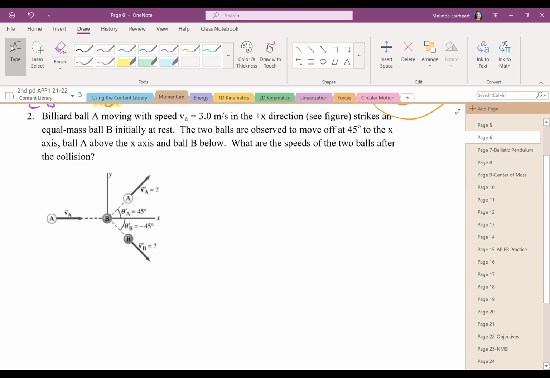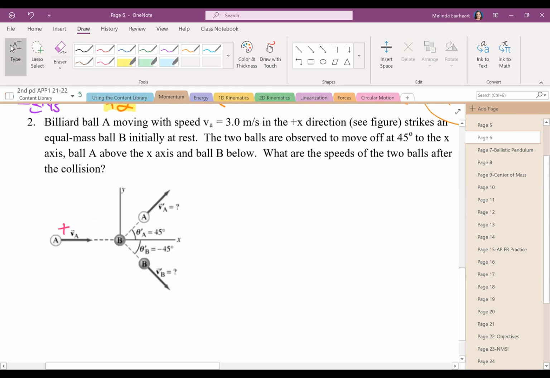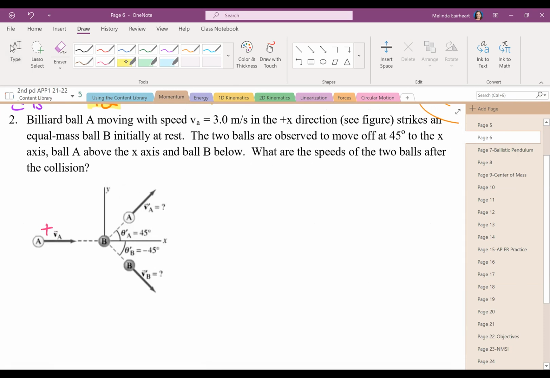Okay. It says billiard ball A is moving with a speed of 3 meters per second in the positive x direction. And so we see that. I'm going to go on and label that a positive velocity. It strikes an equal mass, yay, 1-to-1 ratio. Although we're not doing center of mass on this one, okay?